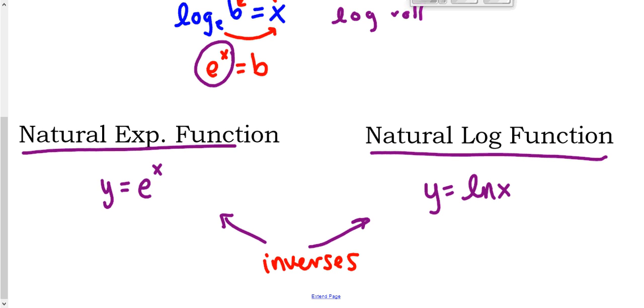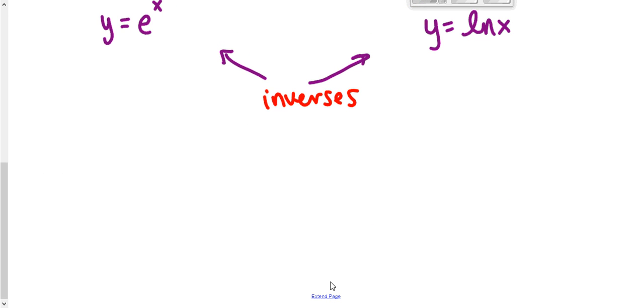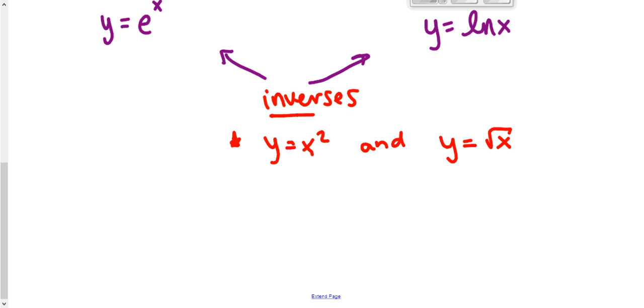Inverses mean opposite. We talked a little bit about inverses. That was like our entire last section. So just like y equals x squared and y equals the square root of x, these are inverses. Like if we're solving a problem, we use one to undo the other. To undo a square root, you square. To undo a square, you do a square root. They undo each other.